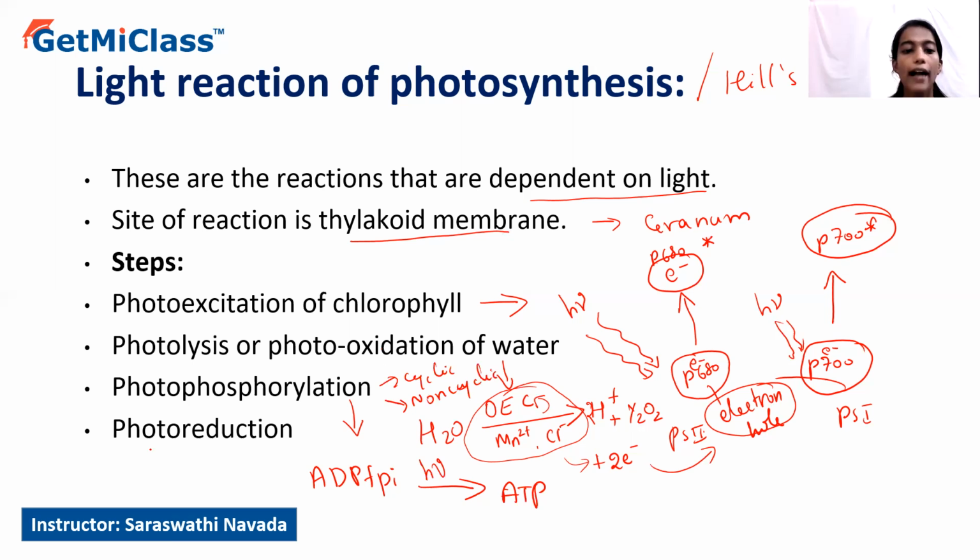And next is regarding photoreduction. So photoreduction is a phenomenon where the reducing agent will be formed. Okay, it will be reduced. So here the reducing agent used will be NADP, where NADP refers to nicotinamide adenine dinucleotide phosphate.